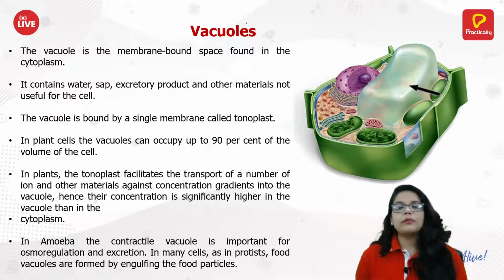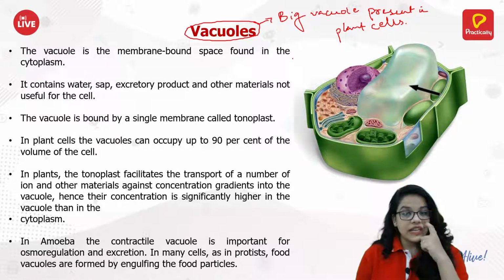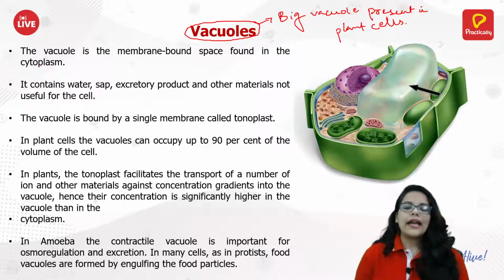Okay. The last one is the vacuole. Now, a big chunk of vacuole is present in the plant cells. Okay, big vacuole present in plant cells. Smaller ones are present in animal cells, but it's not that important.